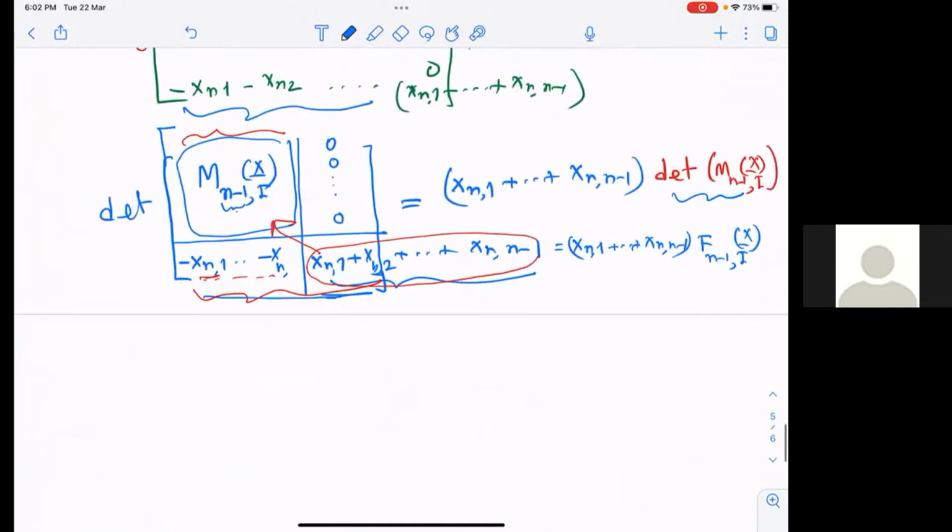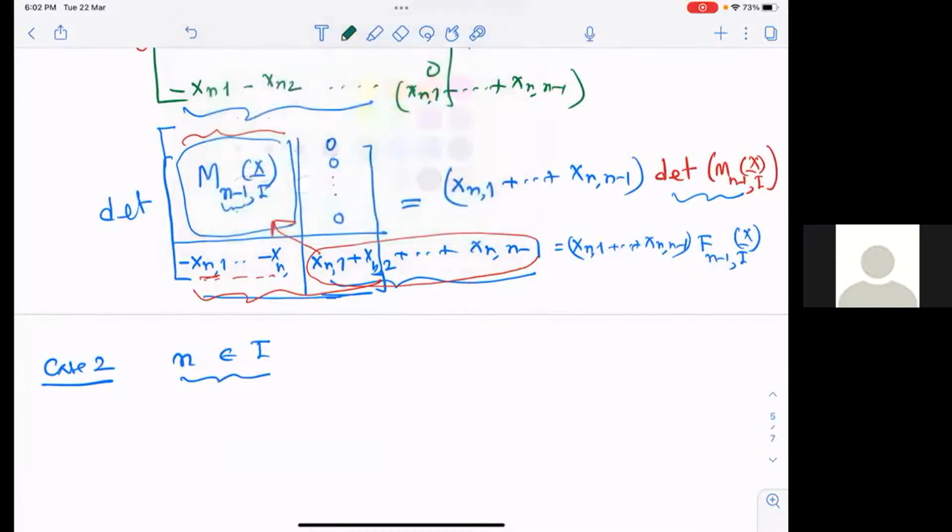Case 1. And what is case 2? Case 2 is n belongs to the root set. It is actually even more beautiful. So if n belongs to I, that means n is a root vertex, right?